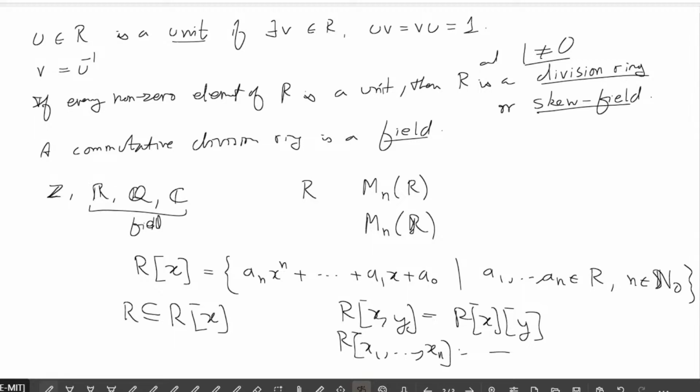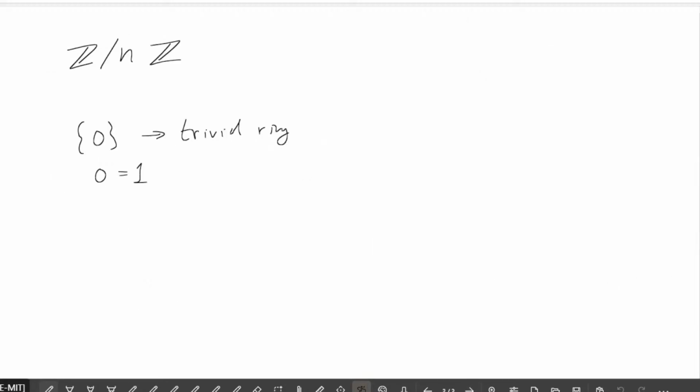Then you call it a division ring, and that's a special case of field. So there we insist that it is not trivial. A non-trivial ring R will form a division ring if all its non-zero elements are units. We get a field if it is a commutative division ring. Okay, so this is a trivial ring.